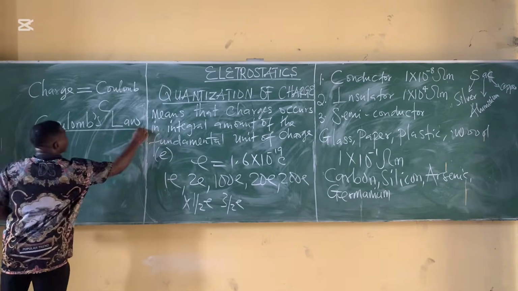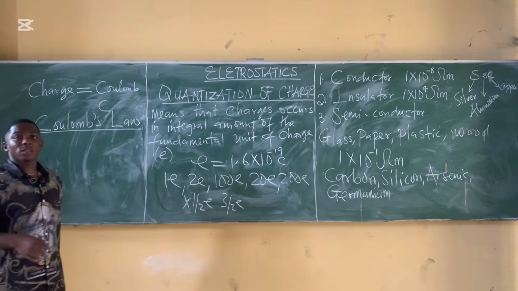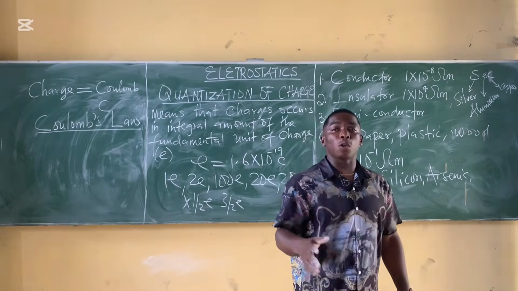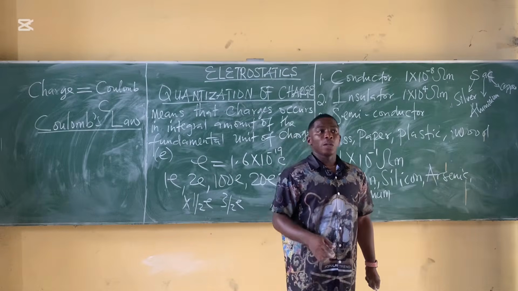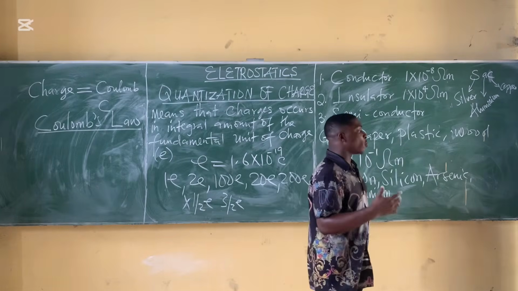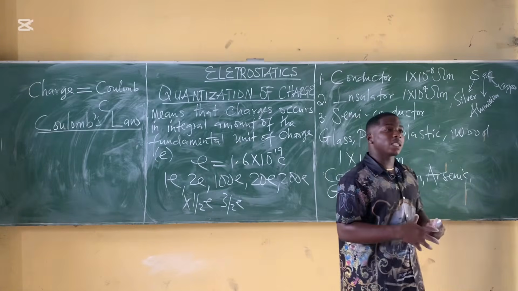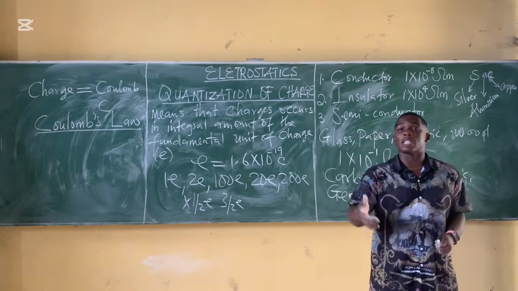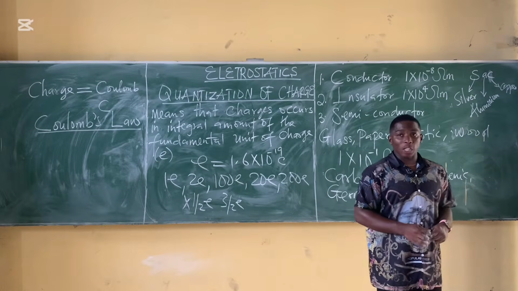So let's look at Coulomb's Law. What does Coulomb's Law state? Coulomb's Law states that the magnitude of the force of attraction between 2 point charges. Hope you know what's a point charge.